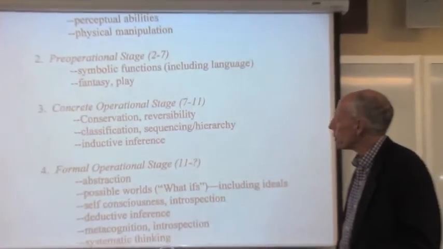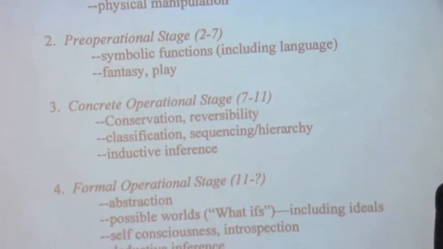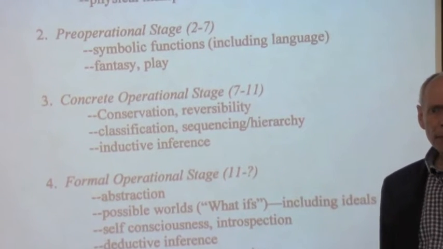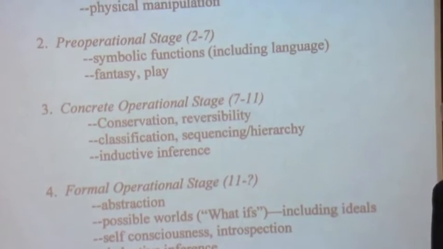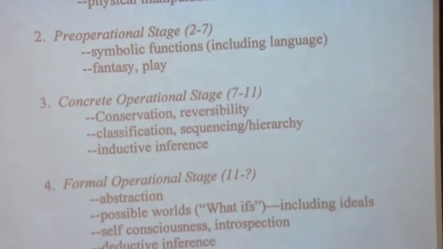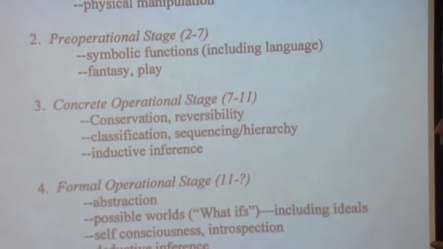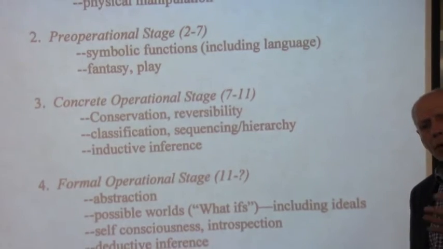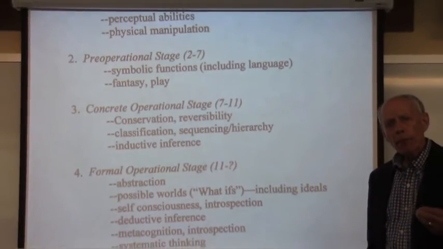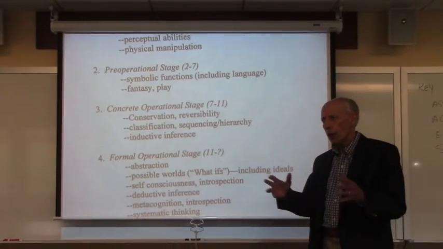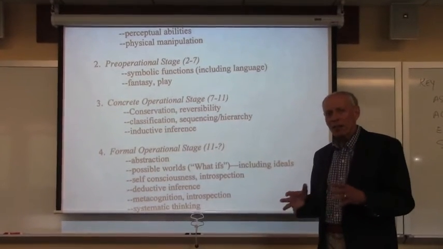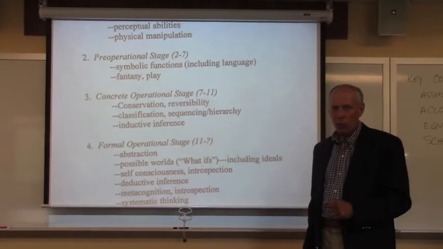The third stage is concrete operational thinking. In concrete operational thinking, what it is that pre-operational thinkers can do evolves very gradually into more complex, deliberate operations that we make on the world around us to make a kind of sense of what's in the world.